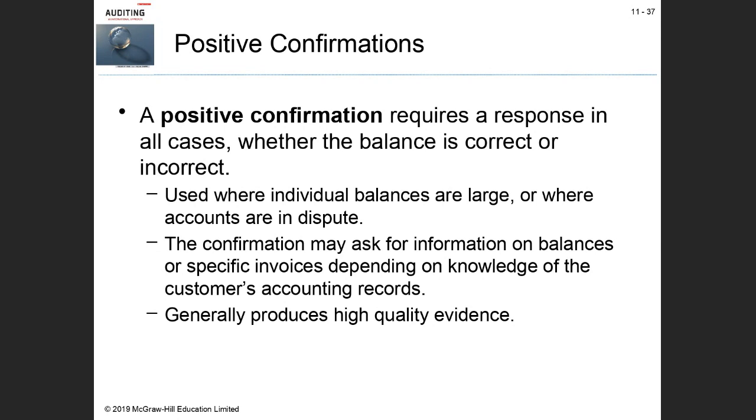Or rather than doing that, we use statistical methods to select information to be confirmed. You might do what's called specific invoice selection. So that client might owe you $10 million, but rather than confirming the balance of 10 million, you select 5 invoices within the 10 million and have the client confirm that.